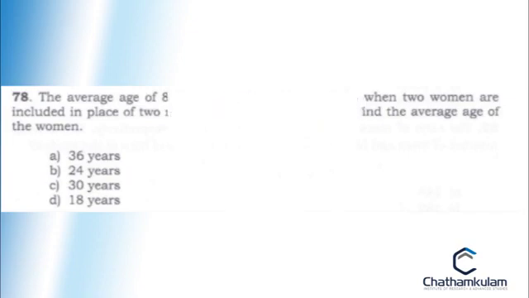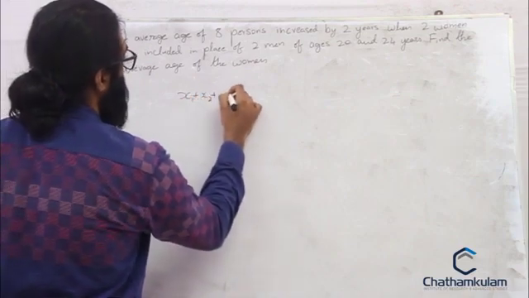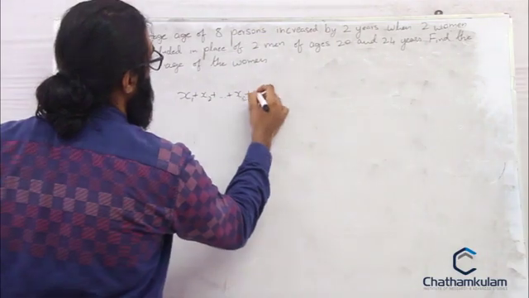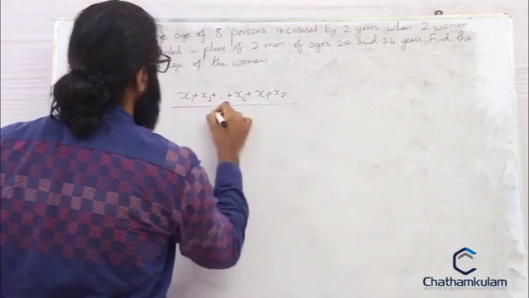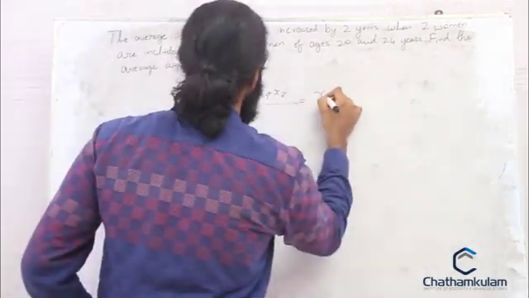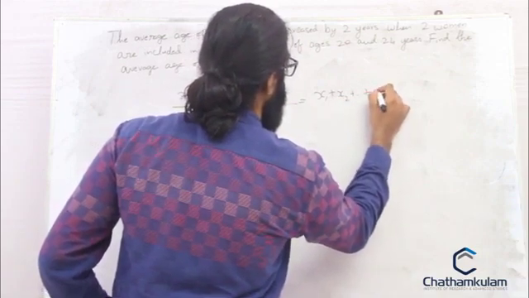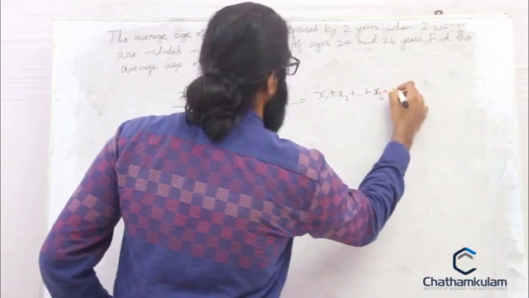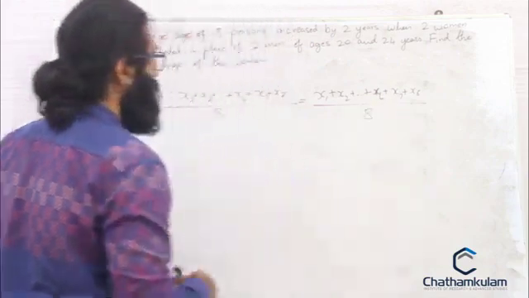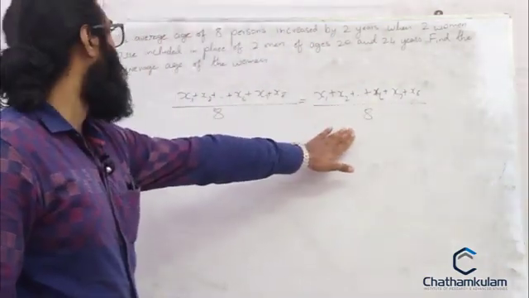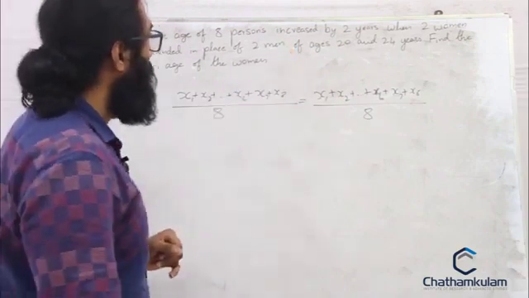So let's write the equation here, that is x1 plus x2 plus x6 plus x7 plus x8 by 8 is equal to x1 plus x2 plus x6 plus x7 plus x8 whole divided by 8. So LHS and RHS is equal here. We will incorporate what is given in the question in this formula.